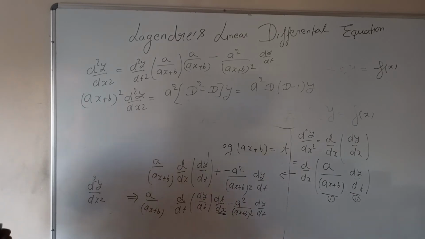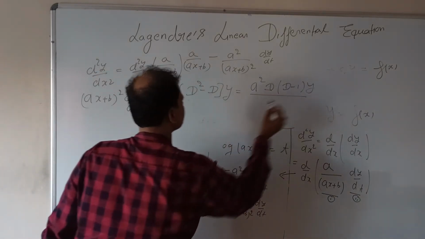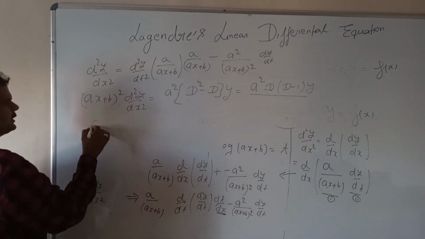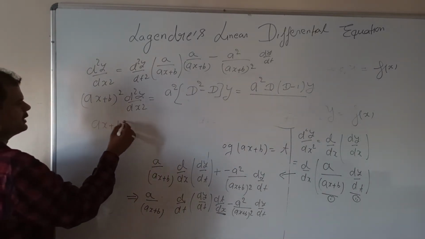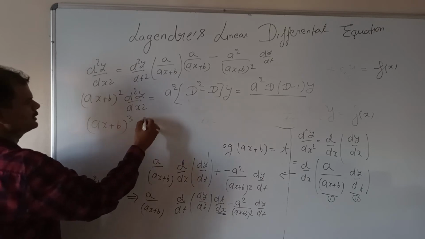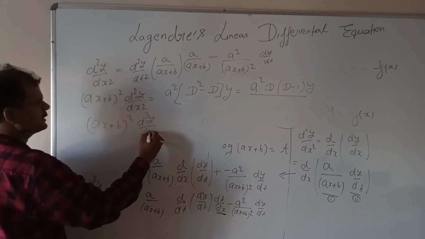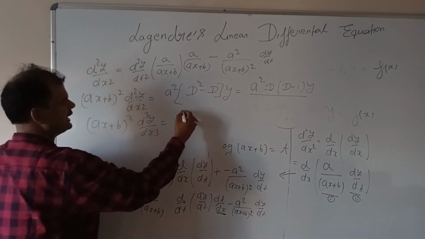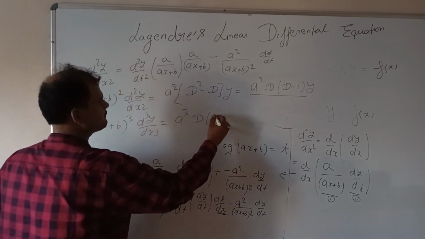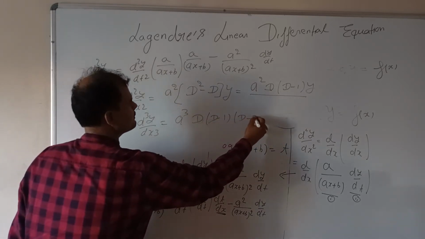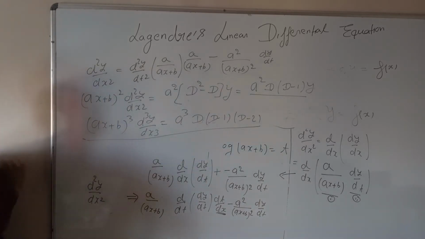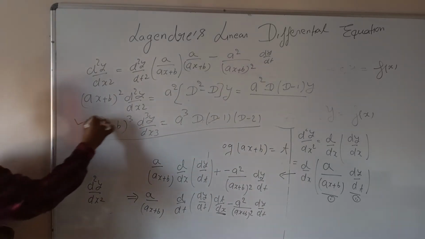So this is your second derivative. And in the same way, if you find the third derivative, (ax plus b) cube d³y/dx³, we get a³ D(D minus 1)(D minus 2) y. Fine. So you can check this one, you can solve this one.